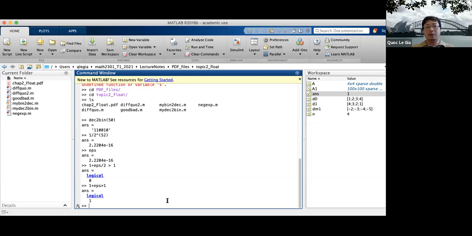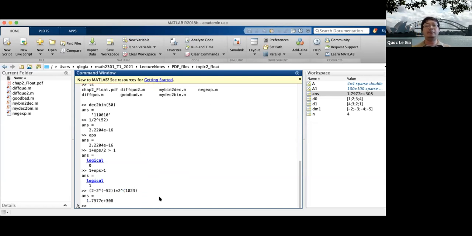I put in 2 minus 2 to the minus 52, and 2 raised to the power 1023.